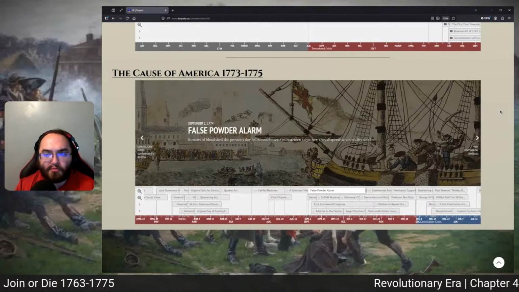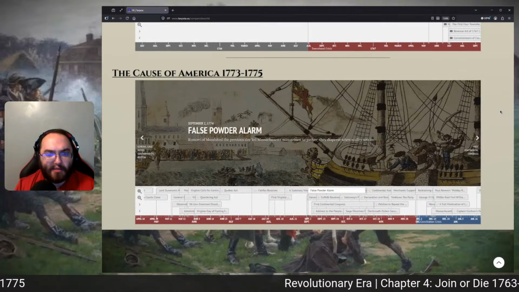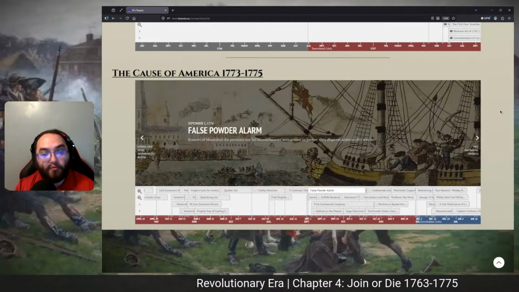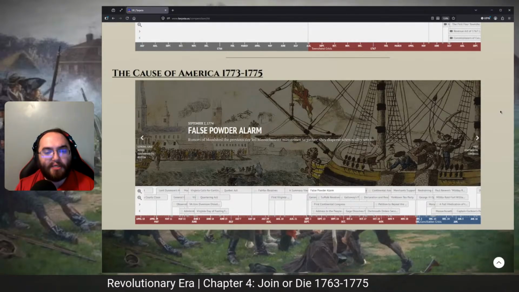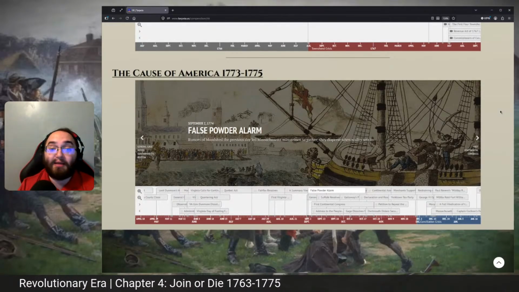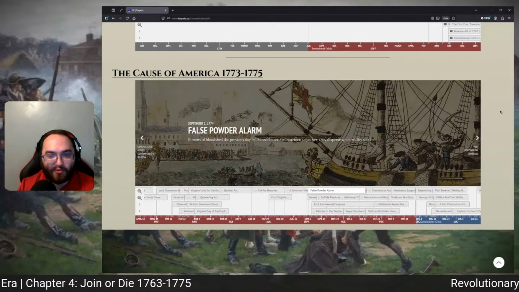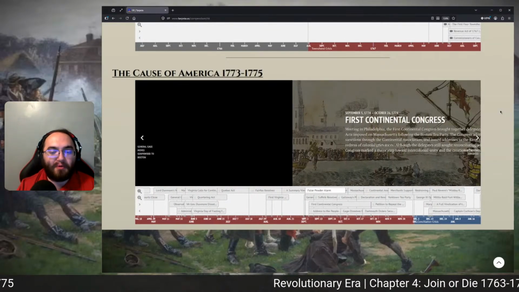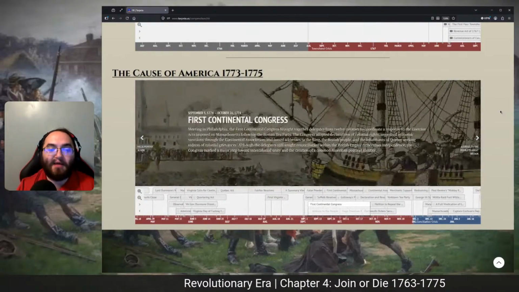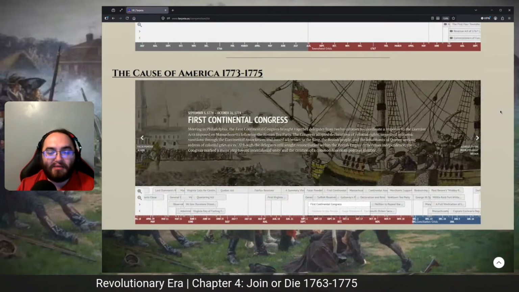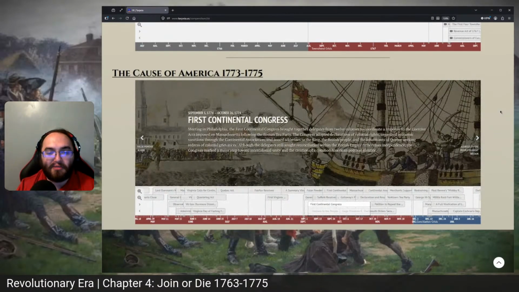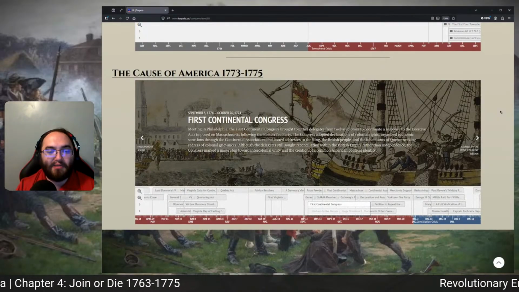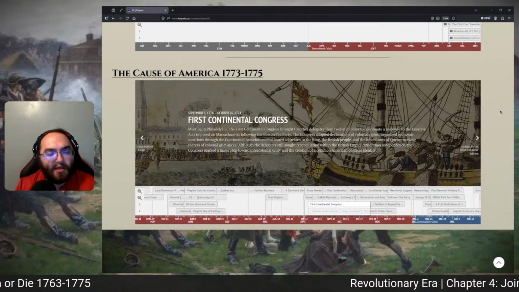They decide to take the powder, that's the powder of the militia of Massachusetts, and hide it all over towns, all over Massachusetts. And so this false powder alarm will lead to that, and then pretty quickly to the battles of Lexington and Concord, which I'm about to talk about.